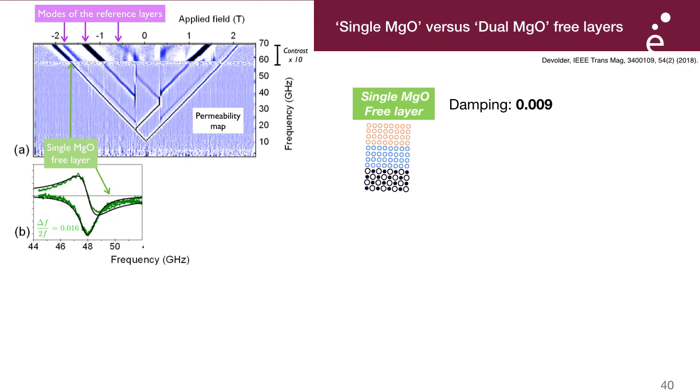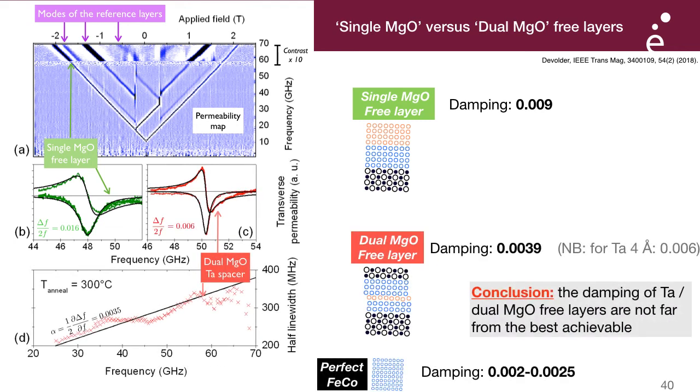But the one we're interested in is the free layer, which is the one that is the most narrow. If we zoom on the permeability, we have these kinds of curves with a given line width. If we now do the same with a dual MgO free layer, you see immediately that the line width is better.